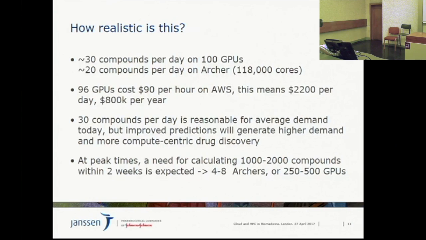Then 30 compounds a day is definitely not enough for the whole company. It would be maybe enough for a couple of scientists. Because at peak times, you want to do these higher numbers within 2 weeks. For that, you would need 4 to 8 Archers available to you, or this level of GPUs. And you can already see that's actually quite expensive.